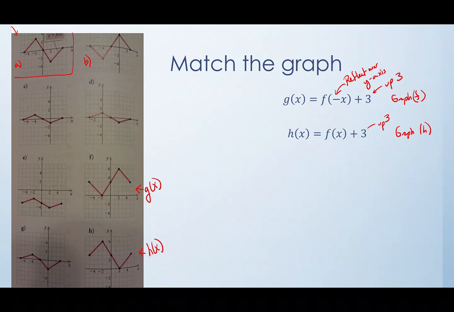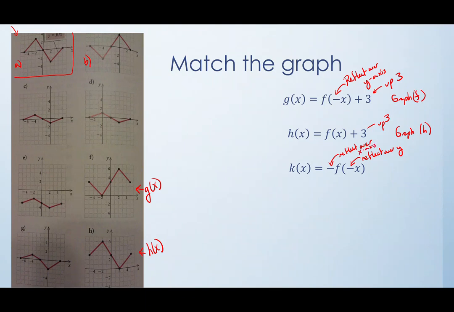Okay. What about this one? We've got k of x equals negative f of negative x. Ooh, okay. So we have a reflect over the y and a reflect over the x axis.